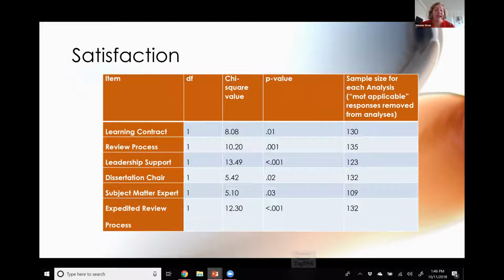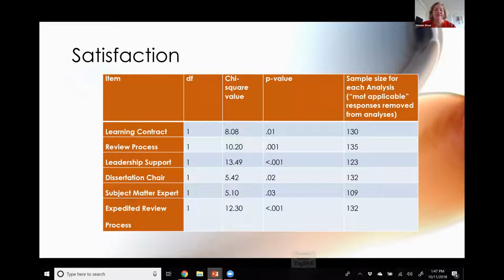So we've got the learning contract, the review process, leadership support, dissertation chair, subject matter expert, that was that person I said was the generalist methodological reviewer person, and an expedited review process.